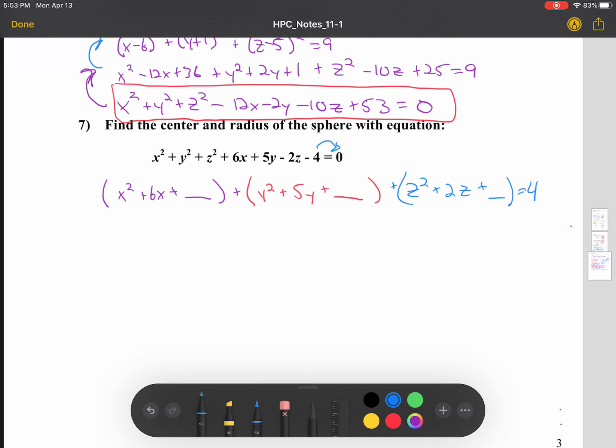If I'm looking at these, remember, it's half of your middle term. The way I think about it is it's half of this term and then square it. I can just draw the next line, because we already know what we want it to look like. We know it's going to be one of these.